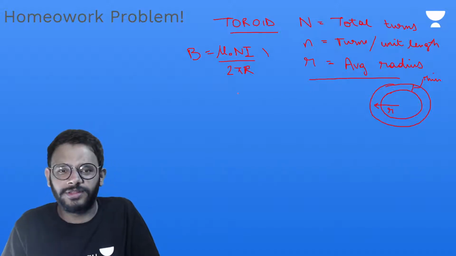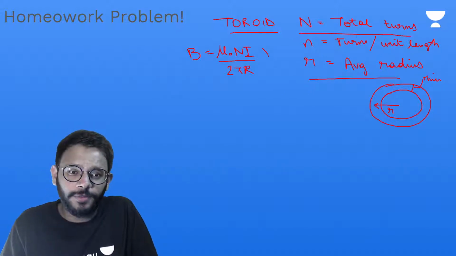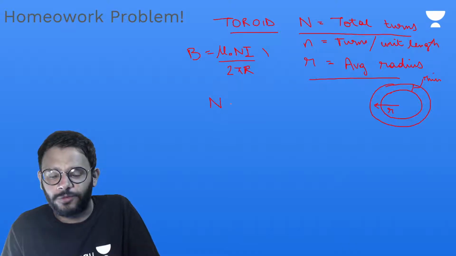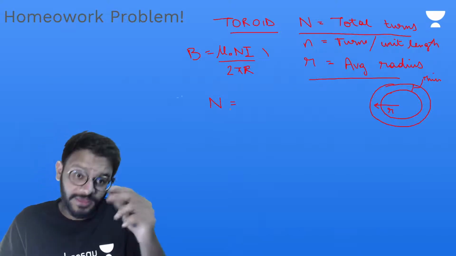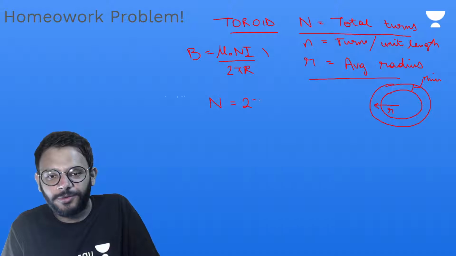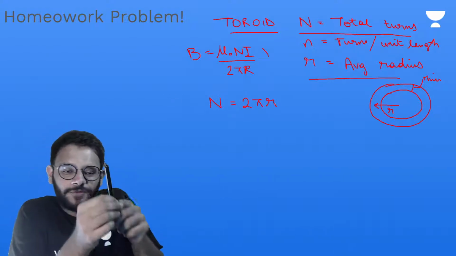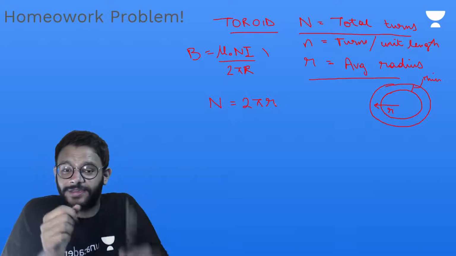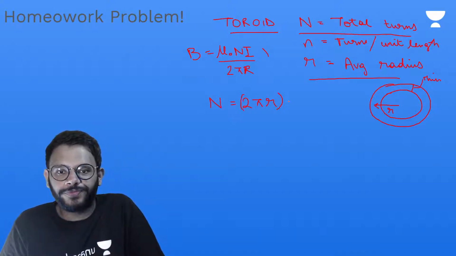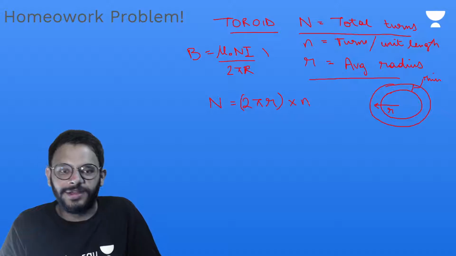If I have the total number of turns as N, then the total number of turns is nothing but 2 pi r, which is the length of my wire, into the turns per unit length.